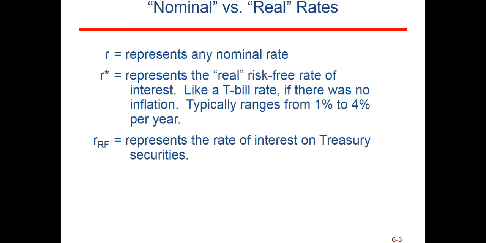We are going to cover each of them one by one, but let's start with nominal versus real interest rates. Nominal is basically if you deposit $100 to a bank and you're earning 4%, you are getting $104 at the end of the year. That's kind of like a nominal term.